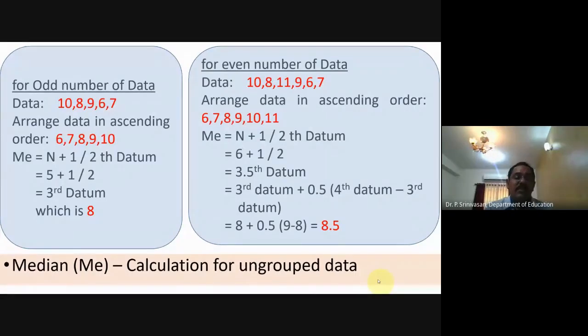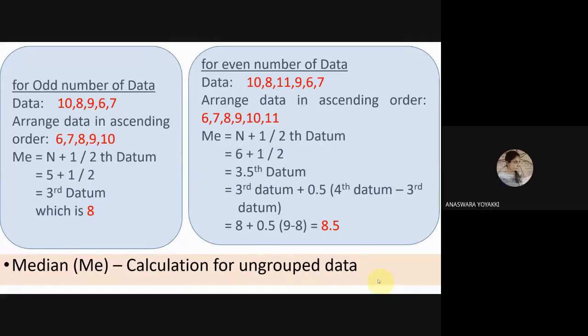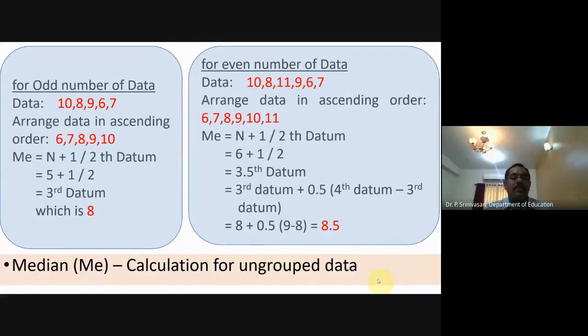What is datum? Singular of data. Data is plural, datum is singular. So it is n plus 1 by 2. Median, if we have an odd number of data, just check the third datum, it is the median. If you put your finger on the third datum, on the left side you have 2 data and on the right side you have 2 data.